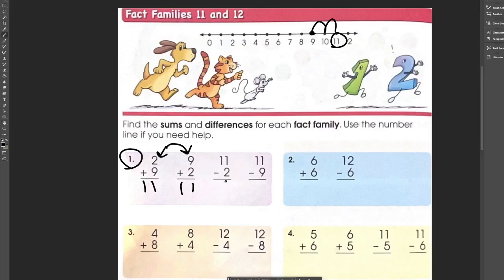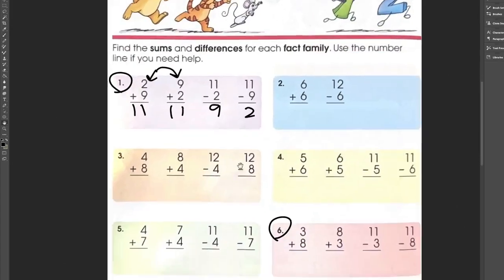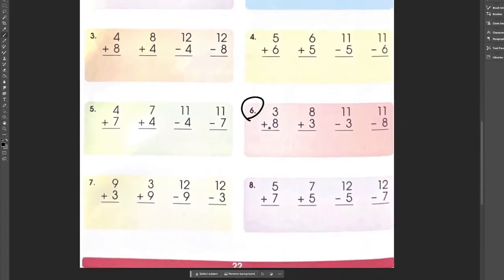Now, we know that fact families have the 3 numbers that are in common with each of these equations. So, 11 minus 2 will be equal to 9, since that's the leftover number that we have to use from this fact family. And 11 minus 9 is 2, for the same reason we put 9 here. Alright, so for 6, we have 3 plus 8.